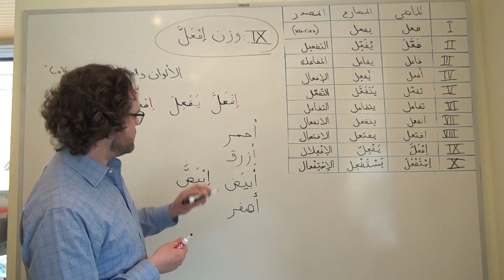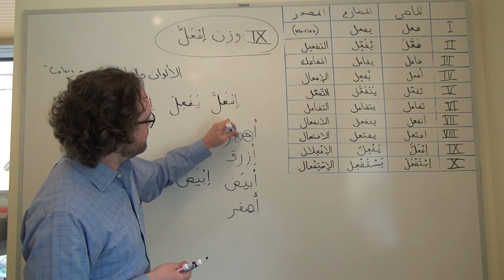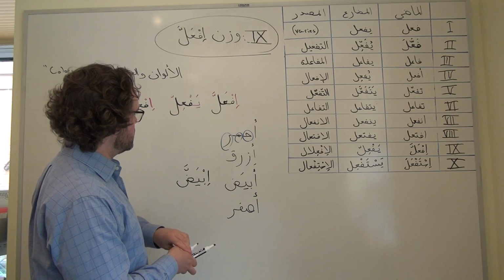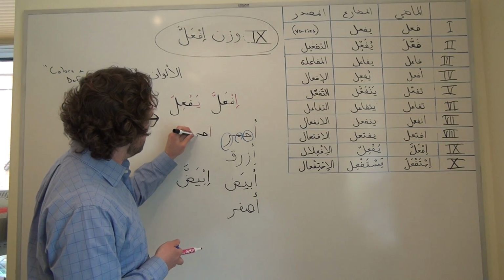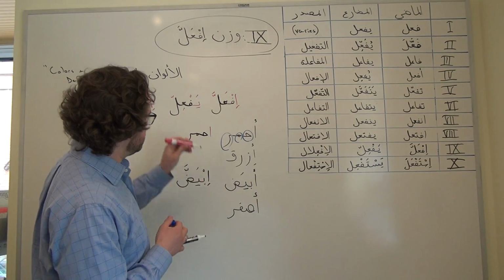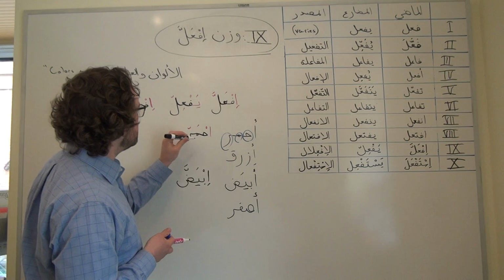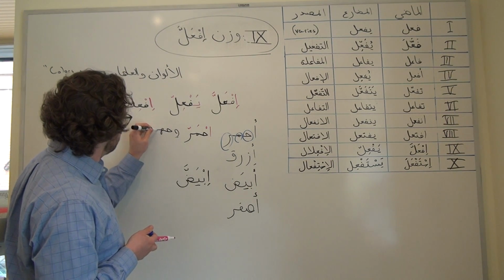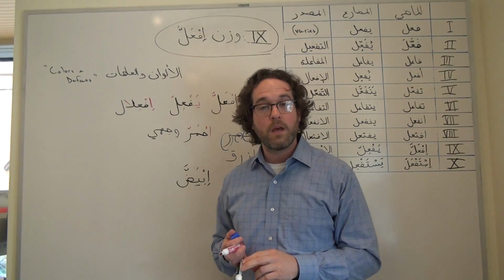I could take ahmar and take that root ha, mim, ra, and turn it into ihmarra. Ihmarra wajhi. My face got red, say.